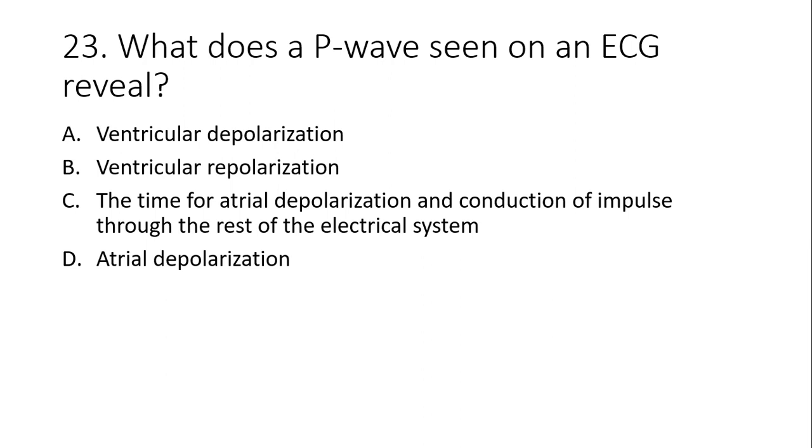So the PR segment really just represents the time it takes for the impulse to travel to the AV node where it's delayed, and then to the rest of the conduction system. Again, I think Jen wants us to know what a P wave represents, what our QRS is telling us, and what our T wave is telling us.